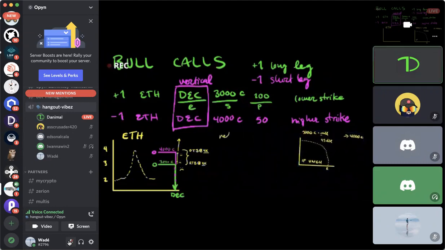So we have a net debit. It's just 100 minus 50. So that's 50, right? You can see that all here. 100 minus 50, because you paid 100 as a debit. You collected 50 as a credit.